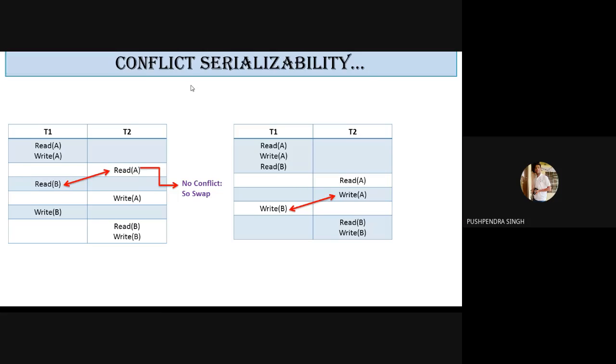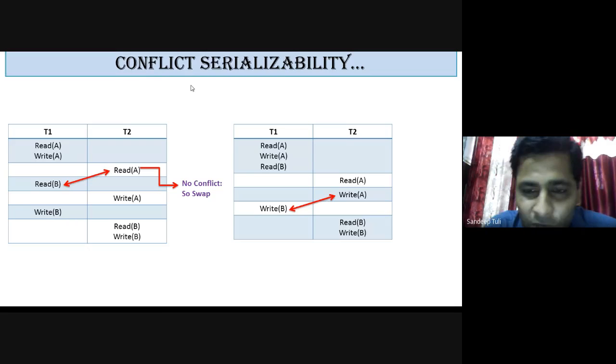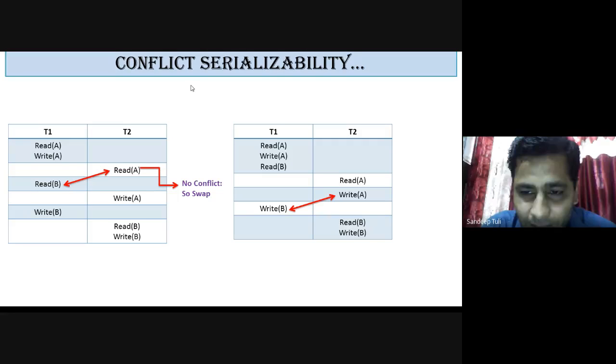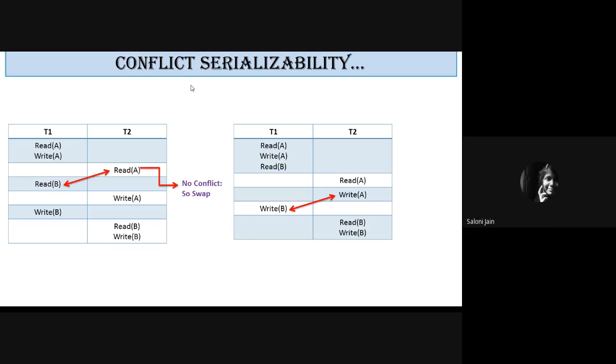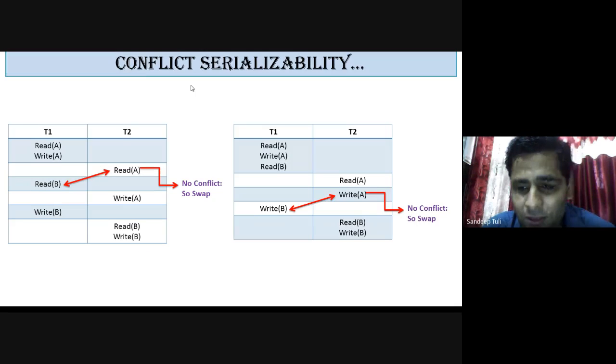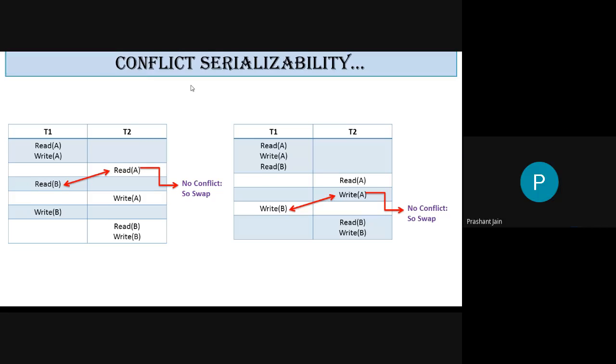Let's come to the rules. Are they belonging to the same transaction or different transactions? Different. The first rule is clear. Are they working on the same object or not? Different objects. Good. Is it clear now?